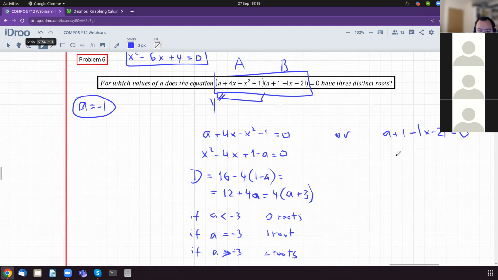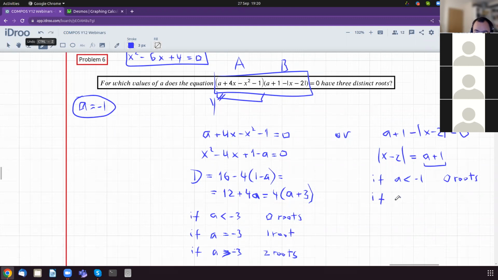Right. So here we have |x - 2| = a + 1. Now, this is a modulus, and a modulus is always positive. So if this thing is negative, so if a is less than -1, it has 0 roots.